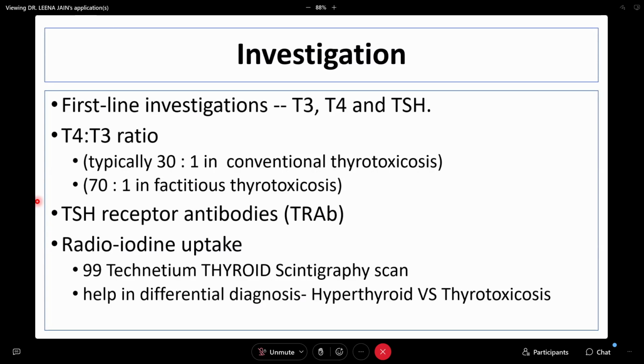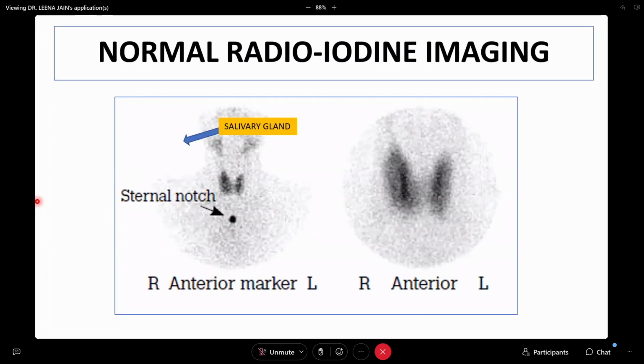With technetium 99, we use this. Here are the basic images. This is the right and left side, and this is the sternal notch. On this side will be your salivary glands, and this is your thyroid gland. This is the normal imaging.